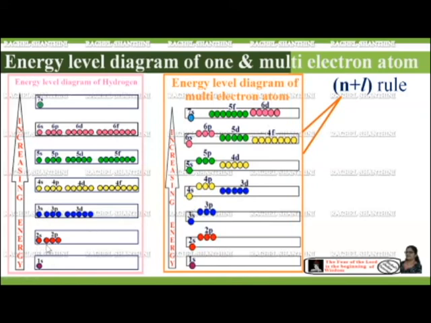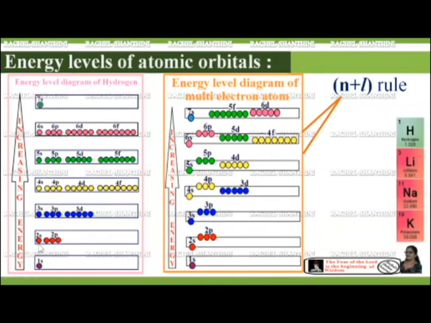In a one-electron atom, these suborbitals have the same energy. The energy of the same atomic orbital decreases with increase in the atomic number. The energy of the 2s orbital of hydrogen is greater than that of the 2s orbital of lithium, which is greater than that of sodium, which is greater than that of potassium.